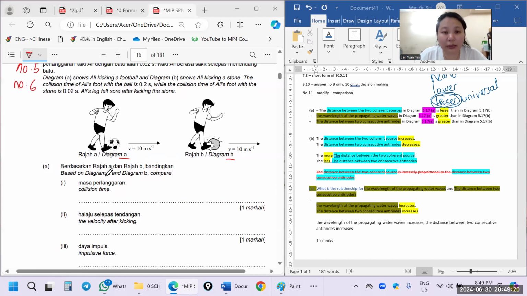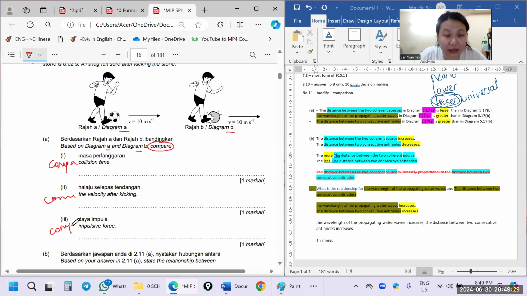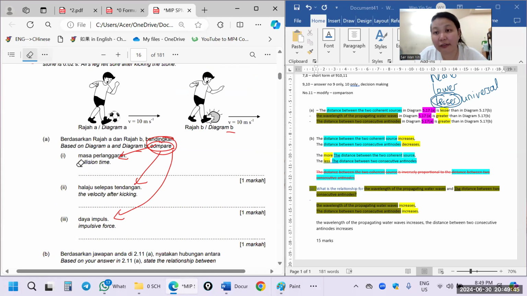Okay, now based on diagram A and B, compare. See, compare. They won't tell you compare here, compare here, compare here. But remember, this is A1, A2, A3. Means the question is compare here, compare this, compare this. So they won't repeat the compare in front of every sentence.